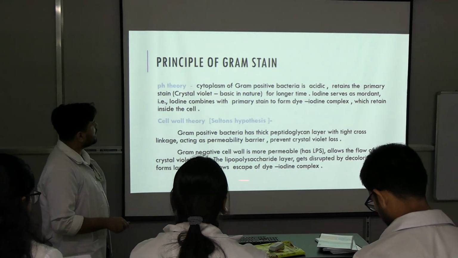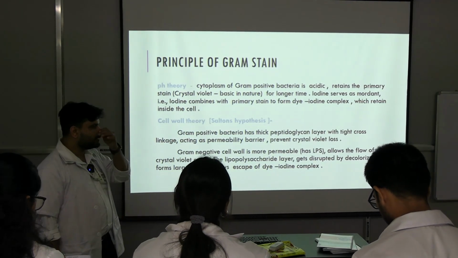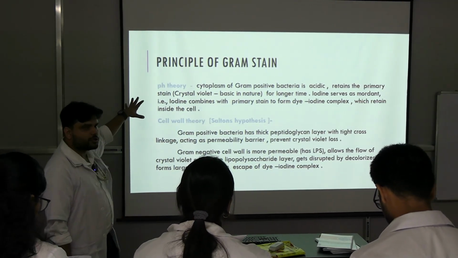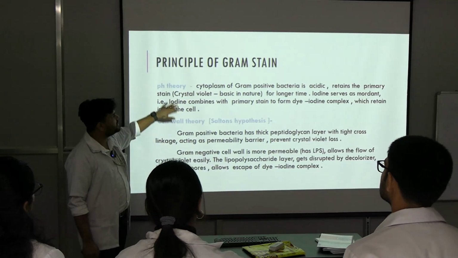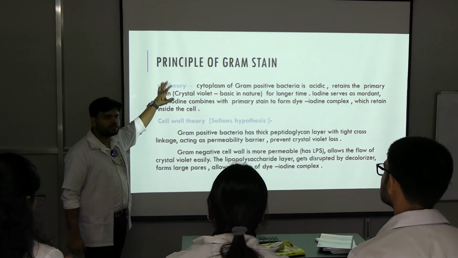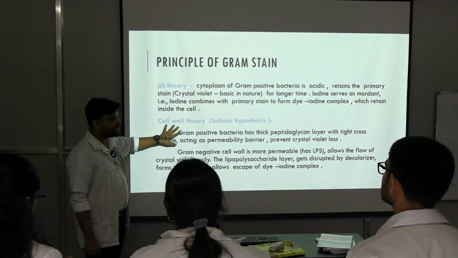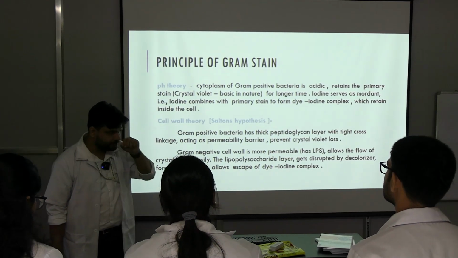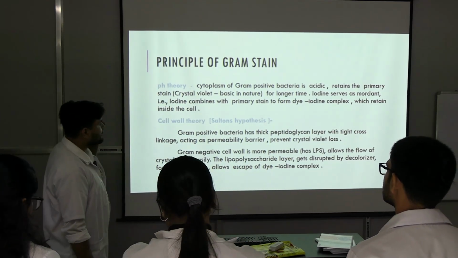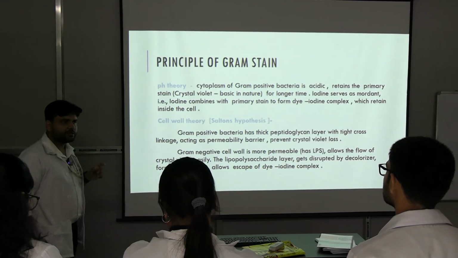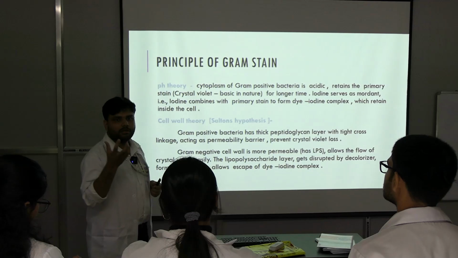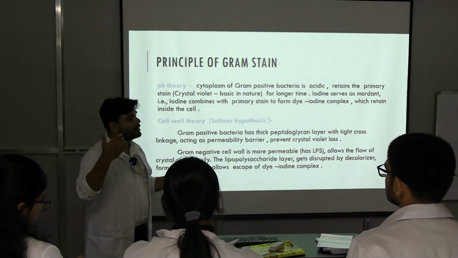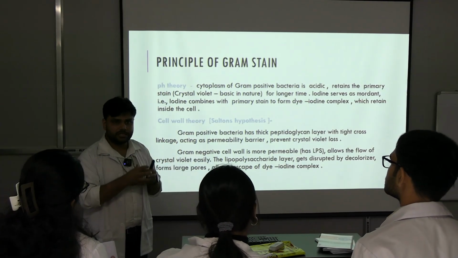The theory behind gram staining, broadly, we can classify into two schools of thought. One is the pH theory, the other one is the cell wall theory. The pH theory is the old one. You just need to know about the name. In case of cell wall theory, we all know that gram positive have a thick peptidoglycan layer. Due to that thick peptidoglycan layer, they can hold on to the iodine crystal violet complex more easily.